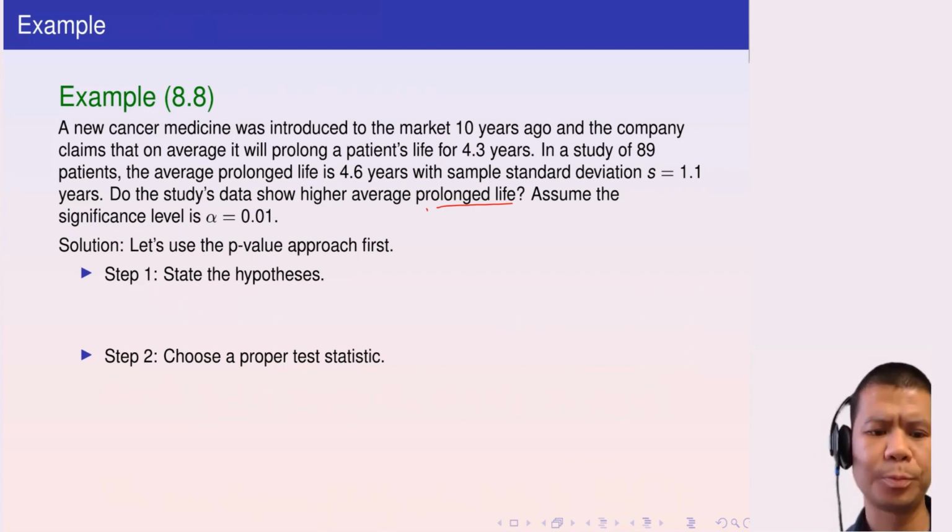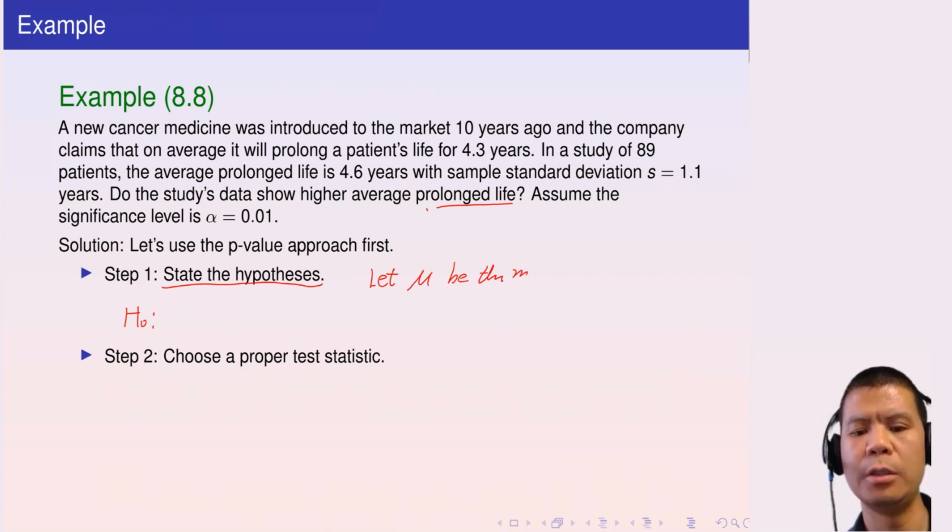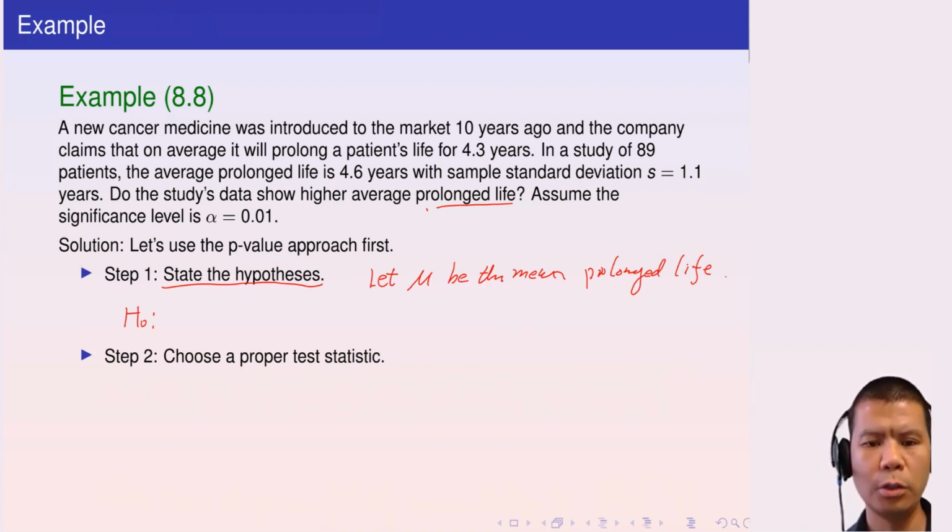So how to do that? The first step is very important, so you need to be careful. Firstly, let mu be the mean prolonged life. The null hypothesis will contain an equal sign, right?